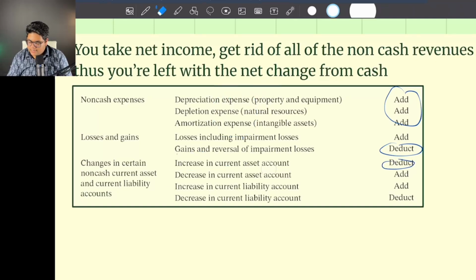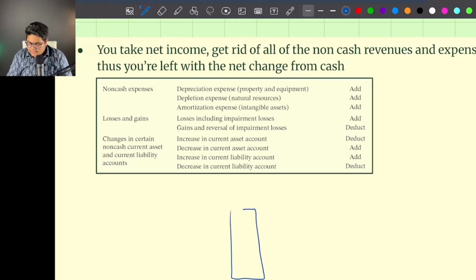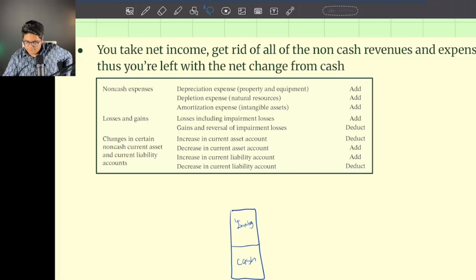And this can be counterintuitive at first, but if you look at my model for the assets, let's say you have cash, and let's say you have inventory. Inventory is a current asset, and when you increase inventory, you decrease cash.